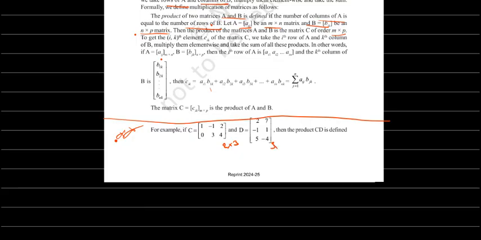Here, when you apply this rule, the number of columns in C is three: one, two, three. The number of rows in D is one, two, three. I hope you people are getting this.